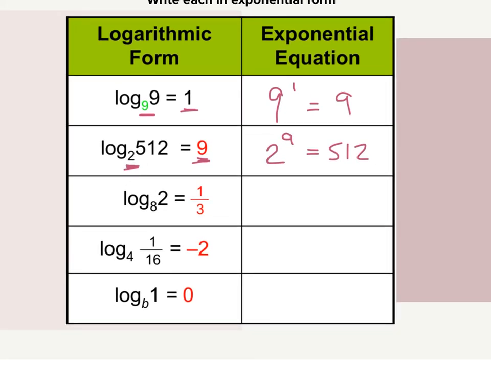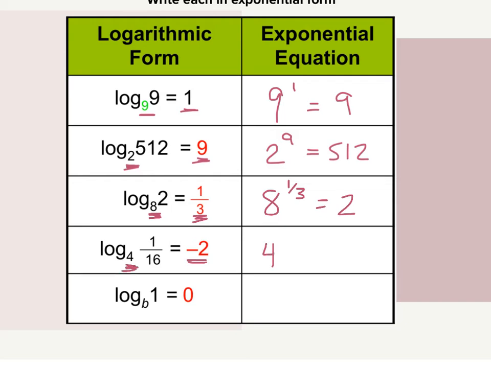The next one, we get our base from the basement. Then we get our exponent on the other side of the equal sign, which is 1/3. And then that's going to be equal to whatever's left, which is 2. Next, we get our base from the basement, which is 4.